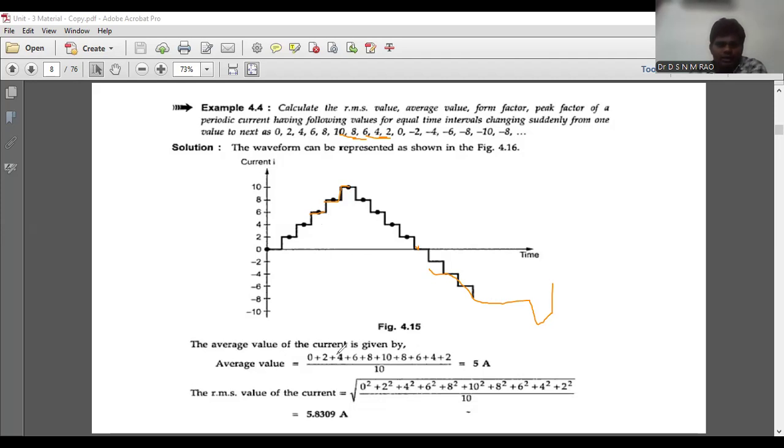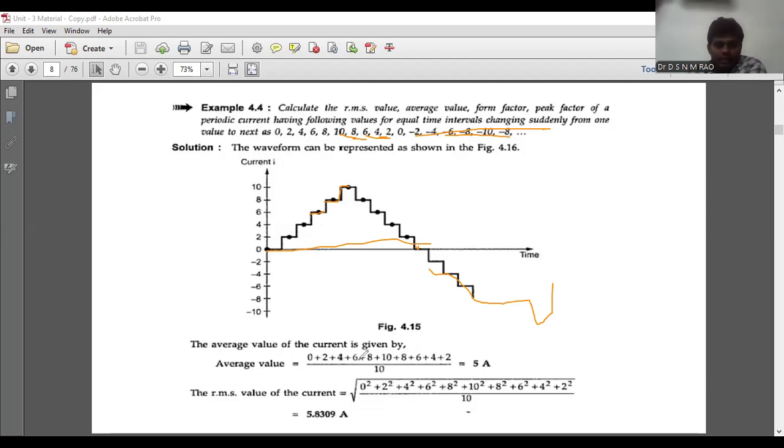So the average value of current for the given signal, as we know, equals the area under one alternation. It is a symmetric signal, the waveform is repeating, so for a symmetric signal the average value should be calculated for half cycle only.